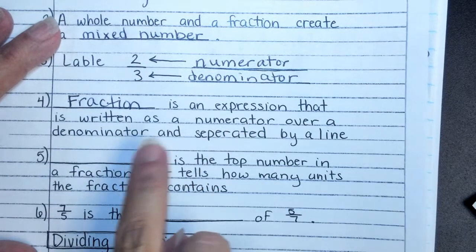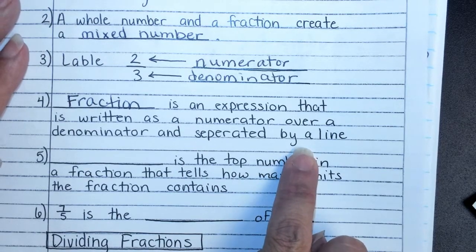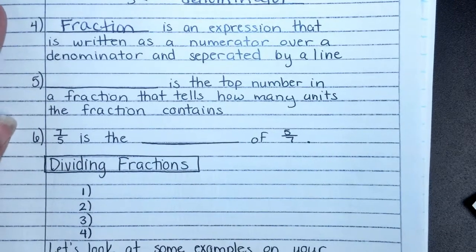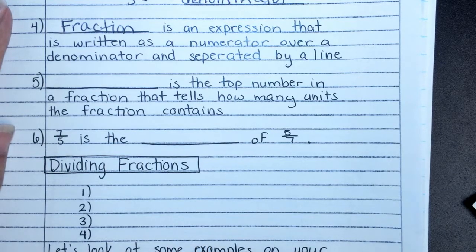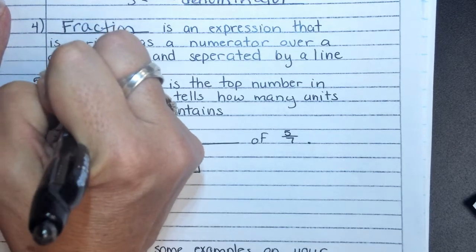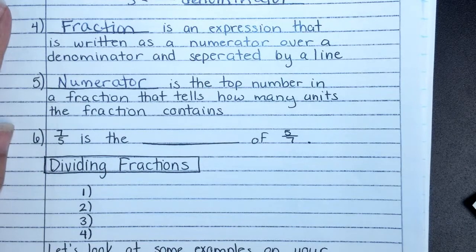It has a numerator, it has a denominator, and it's separated by a line. Okay, number 5. Blank is the top number in a fraction that tells how many units a fraction contains. Numerator. Numerator's on top, guys.